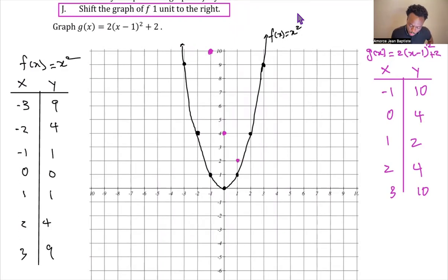For x equals 2, y equals 4. For x equals 3, y equals 10. So then you can connect these dots.